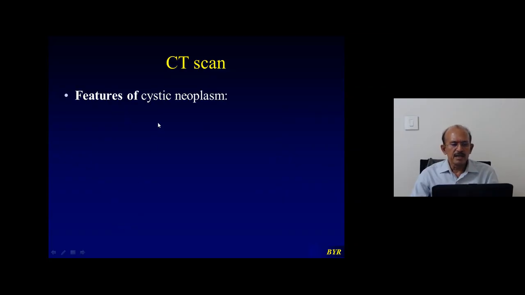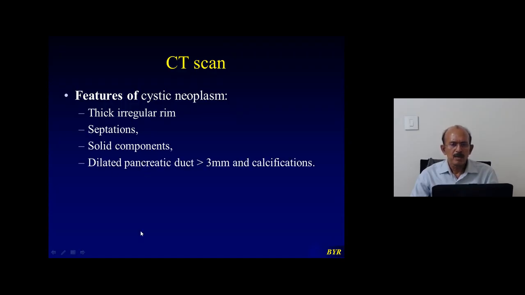The features of a cystic neoplasm: if it is a cystic neoplasm on CT scan, how does it appear? Thick, irregular wall, septations, solid component in the cystic mass, dilated pancreatic duct more than 3 millimeters, and calcifications.